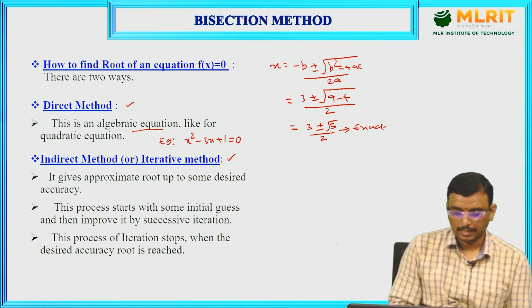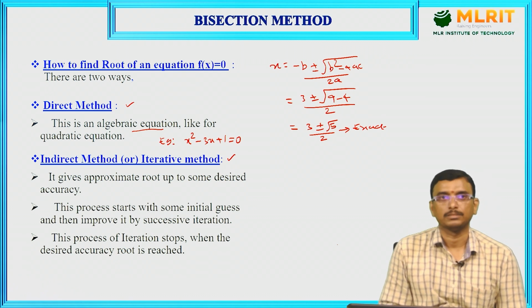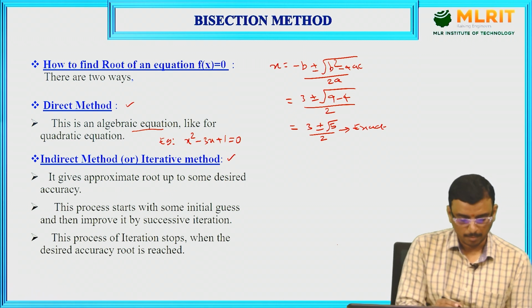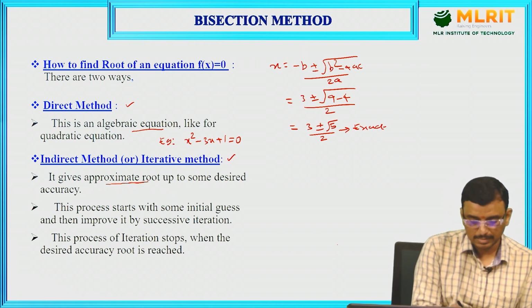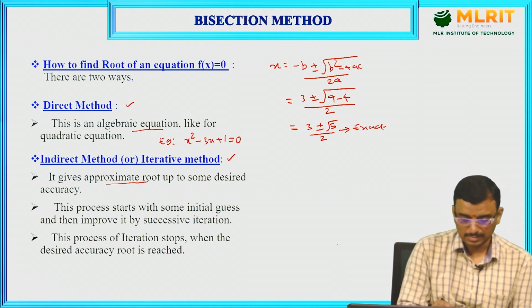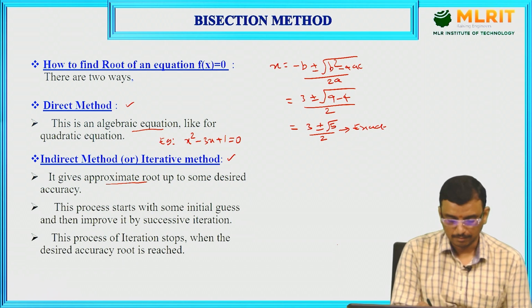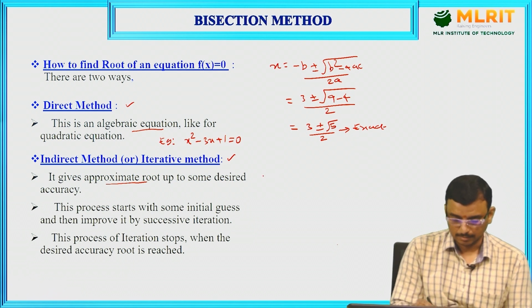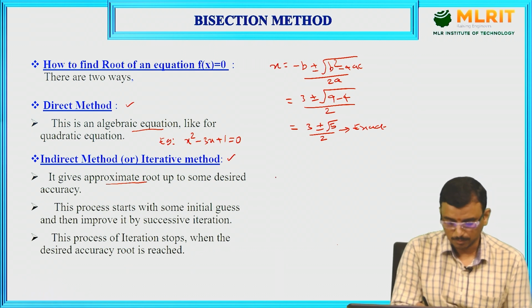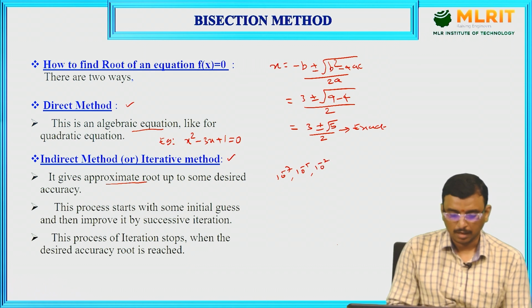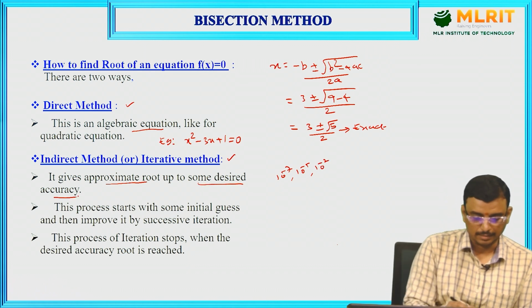So, by using the direct method we can get the exact solution, whereas with the indirect or iterative method we get an approximate solution or approximate root. Approximate solution means we have some error, like a root with 10 power minus 7 accuracy, 10 power minus 5, 10 power minus 2, up to some desired accuracy.